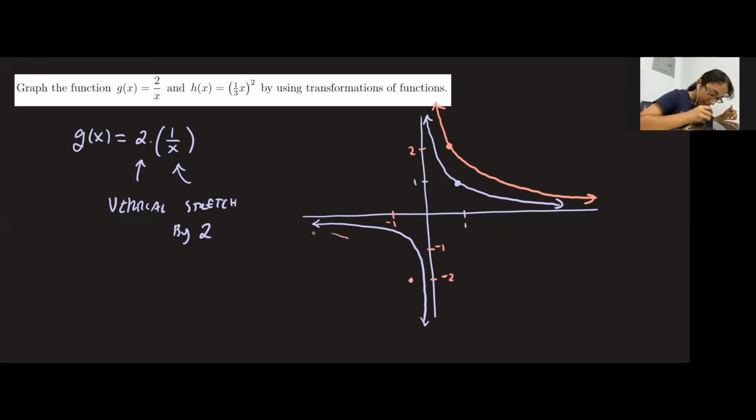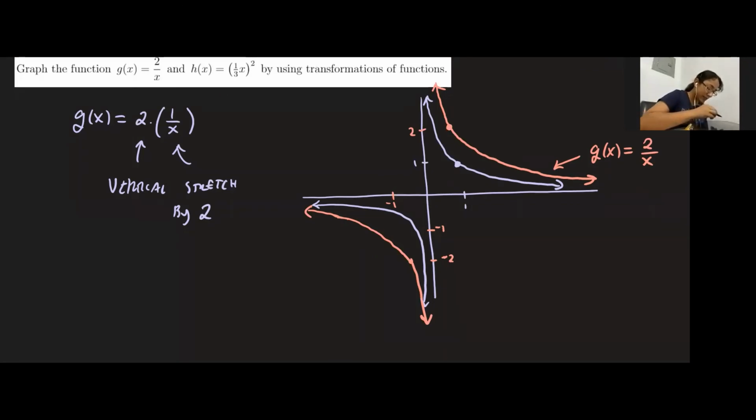And then we just preserve the shape. So here's the graph. The pink is representing g of x, which is 2/x. The graph has a vertical stretch of 2.